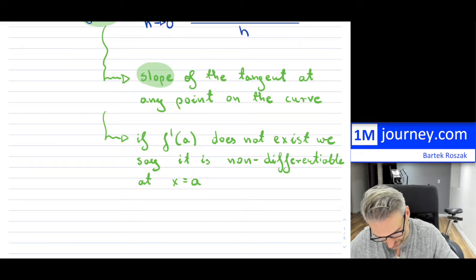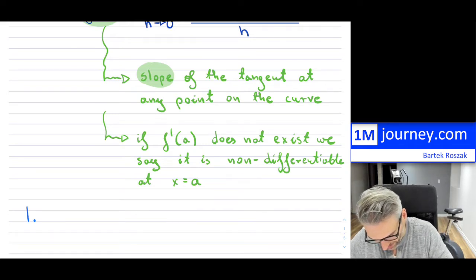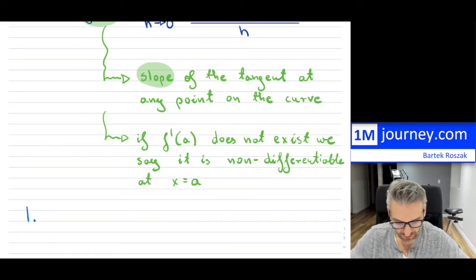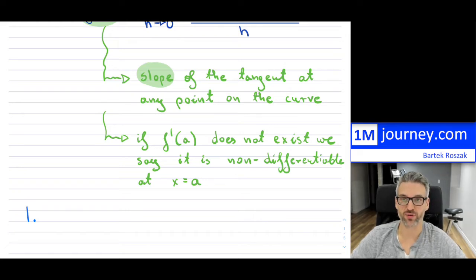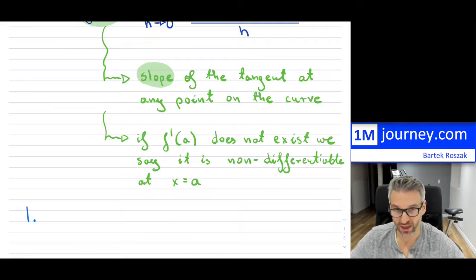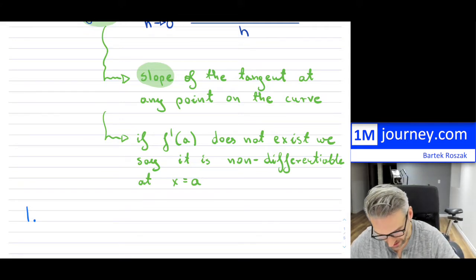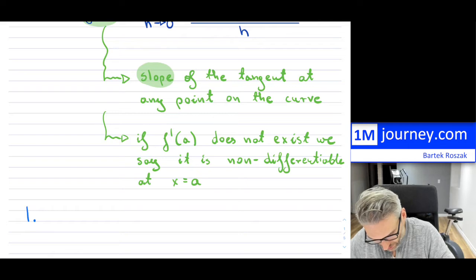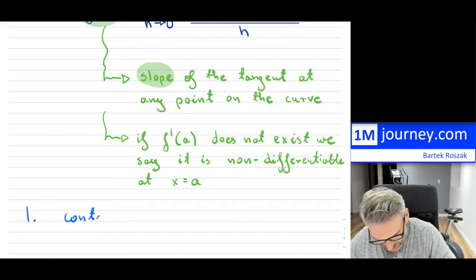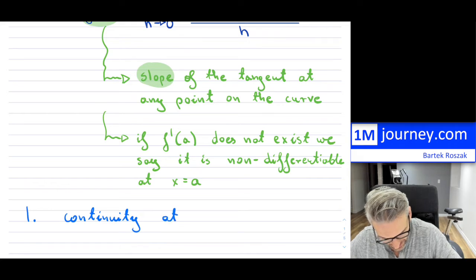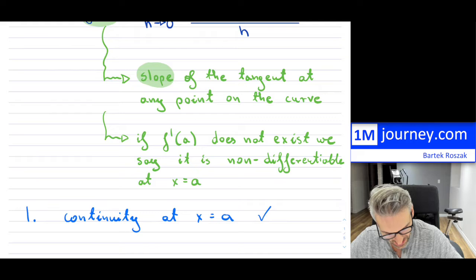Number one, a function cannot be differentiable at a particular point if it is not continuous at that point. So it has to be continuous. So continuity at, let's say, x equals a, must be met.